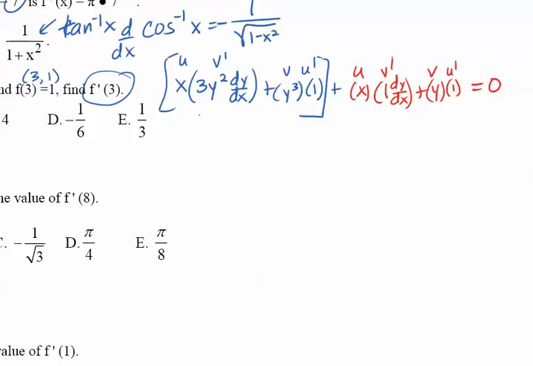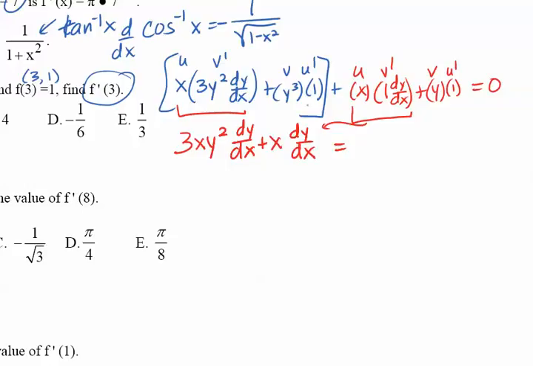So what do we have here? I have this term that has a dy/dx, and I have this term that has a dy/dx. So as I rewrite these to clean this up a little bit, 3xy squared dy/dx, and then I'm going to put this term next, the x plus x dy/dx, and I'm going to move the other two terms to the other side, so it looks like a negative y cubed and a negative y.